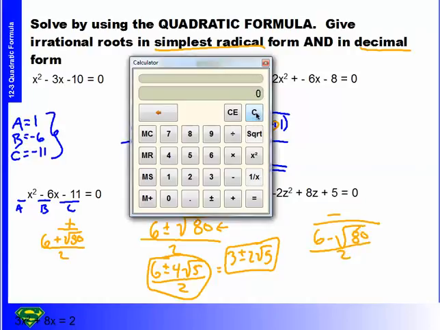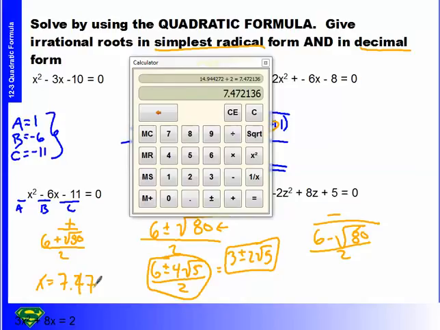So the square root of 80 is 8.94. And we're going to add 6 to it, and then divide by 2. So I get, in this case, x is equal to 7.47.